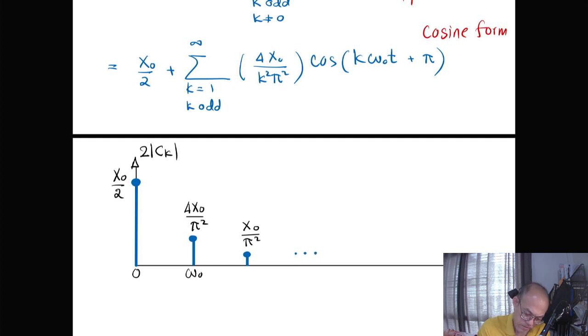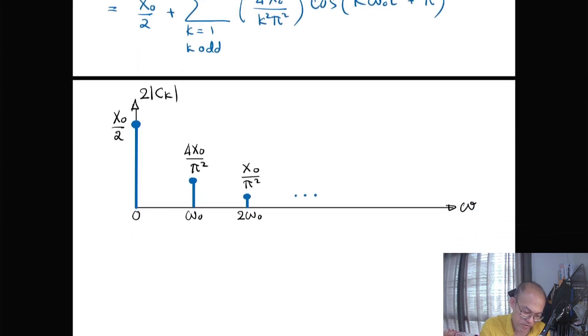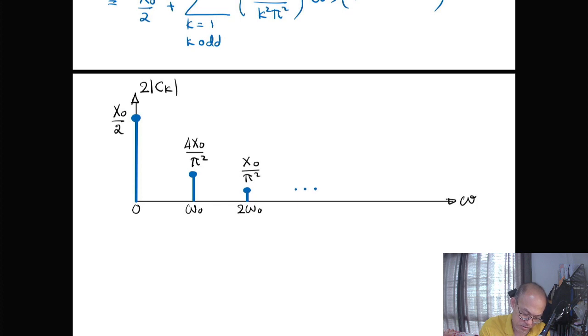Okay, this is 2x0. Now we bring this, we plug in k equal to 1, 2, 3, and we evaluate the values and we plot it here. As for the phase, it is easy because the phase is pi for all k except at k equal to 0.